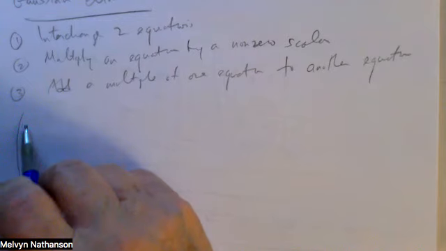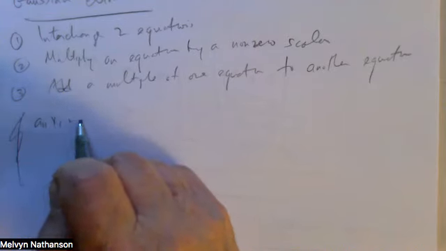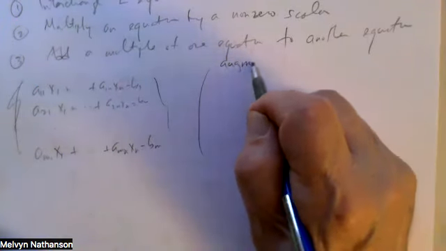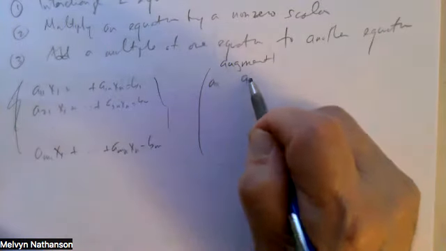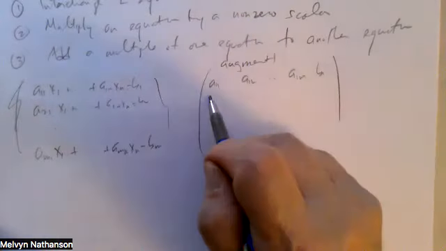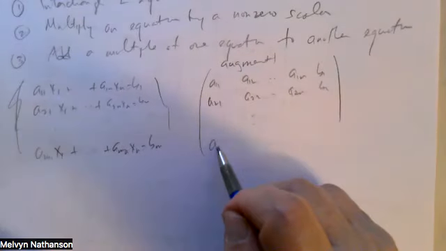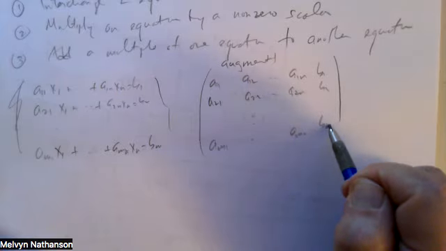If you have your equations, a11 x1 up to a1n xn equals b1, a21 x1 up to a2n xn equals b2, and so forth down to am1 x1 plus up to amn xn equals b sub m, and you had your augmented matrix, a11, a12, a1n, b1, a21, a22, a2n, b2, and so forth, am1, amn, bm.